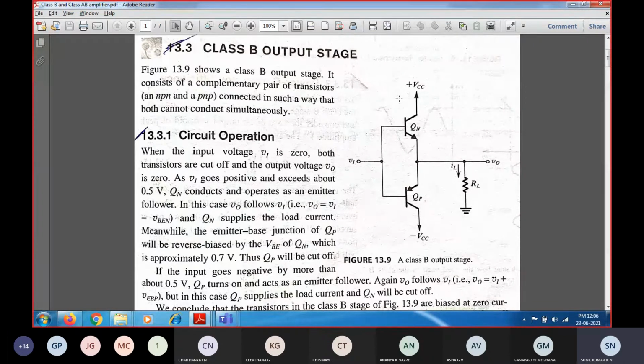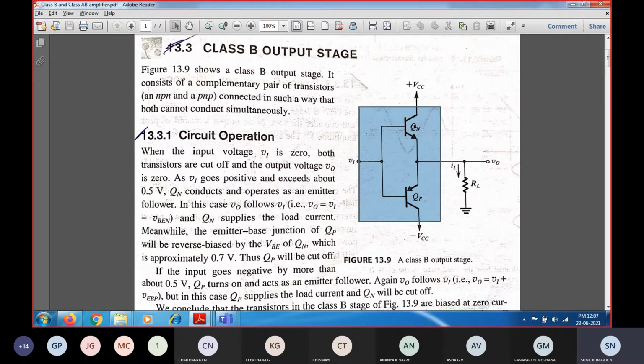Whenever it operates with the negative half cycle, the output is obtained for the negative half cycle, so it is also 180 degrees. So when you have both amplifiers, working with respect to the positive peak as well as the negative peak, you will get the complete full cycle output. To realize that, we go for a complementary pair of transistors.